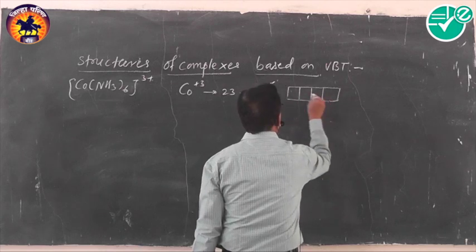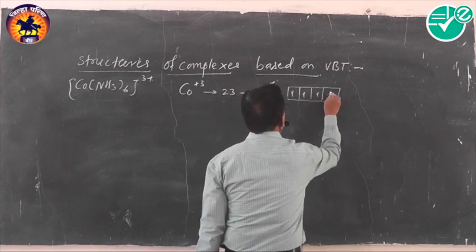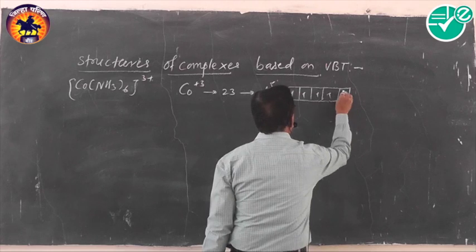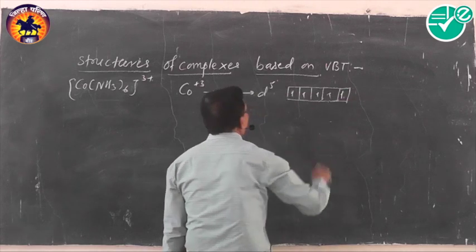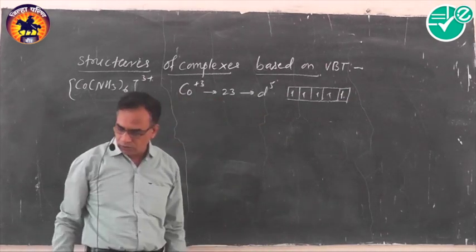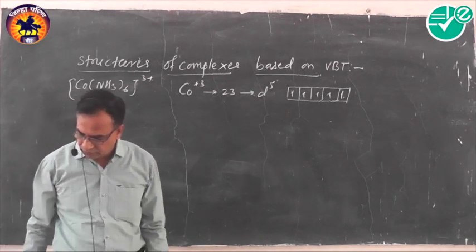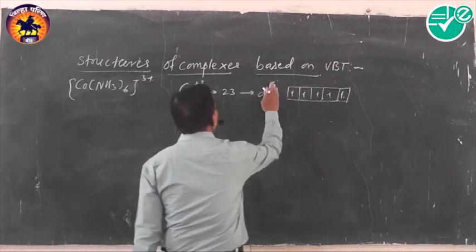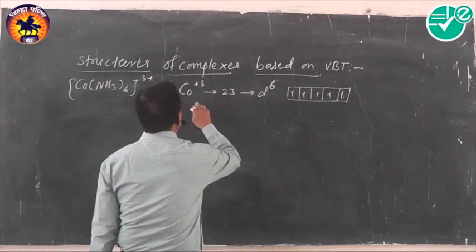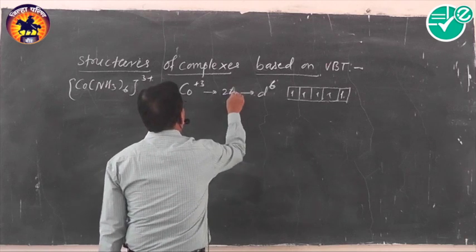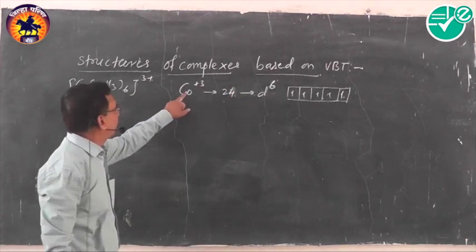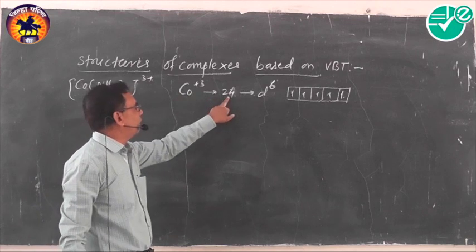5 electrons are involved in this. So it is a d6 case, not d5. It is a d6 case. The atomic number is 27. Minus 3 electrons, it becomes 24.